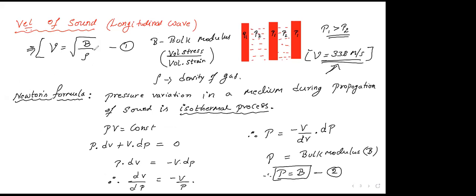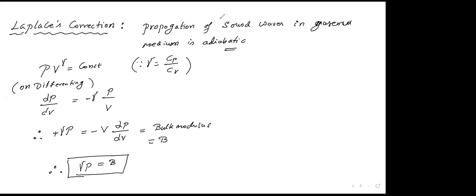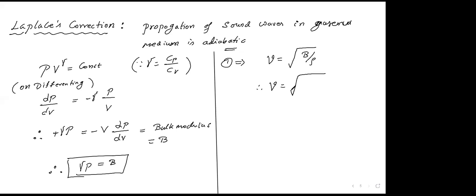In this equation, in place of B, we should replace it. From equation 1, we know that V is equal to root B by rho. Therefore, V becomes root of gamma P divided by rho.